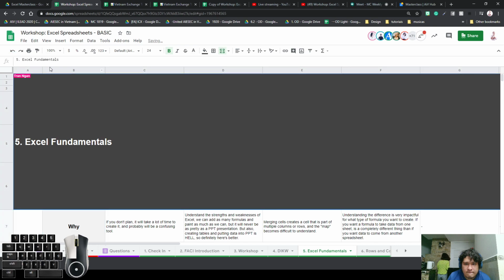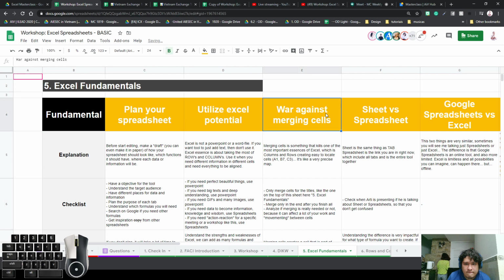So go back. Yes. To be honest, when we look back at Excel's strengths, one of the strengths, as I told, is the columns and the rows, and one column and one row generates one cell. So this is a cell, this thing here in the middle between E and 5. But merging messes up so much whenever you're trying to create formulas.